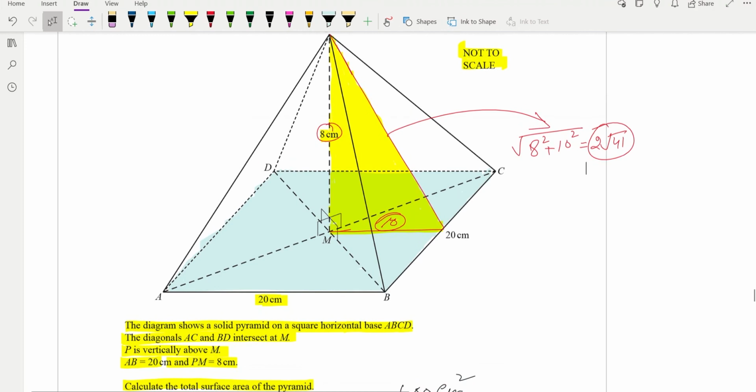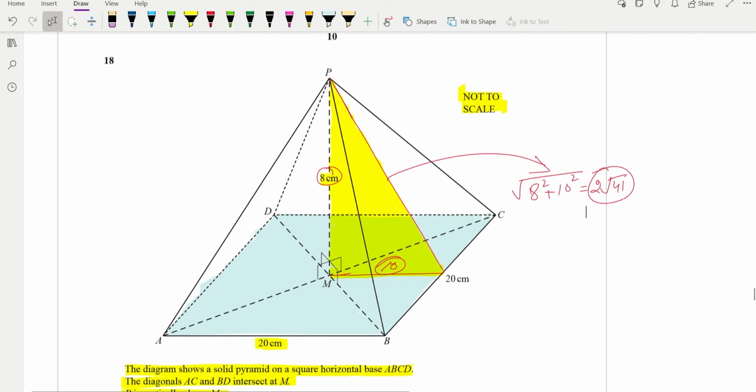Now we can find one triangular side. There are four triangular sides of the pyramid, and the triangular side I'm talking about is this one. These are the four triangular sides of this pyramid, and one of them I'm shading. So what is the area of this slanting side?